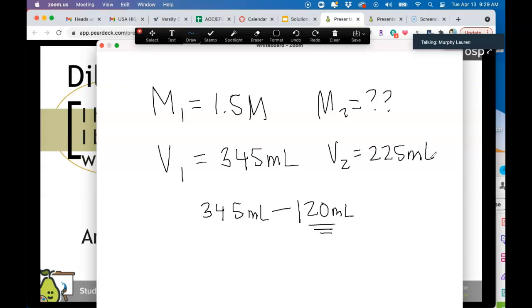So now this is the dilution equation, but this is not dilution. This will be more concentrated now because you lost some of the water. So M1 is 1.5 molar, V1 is 345 milliliters, M2 is my unknown, and V2 is 225 milliliters.